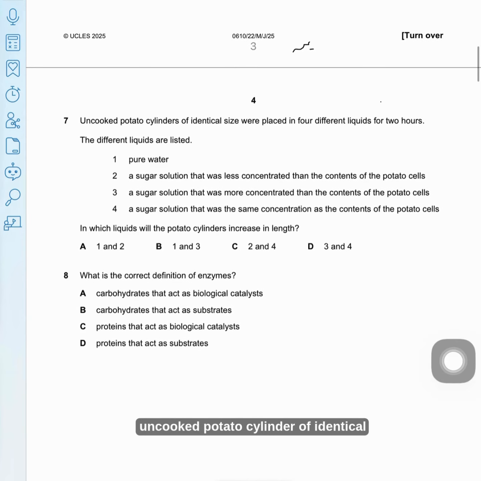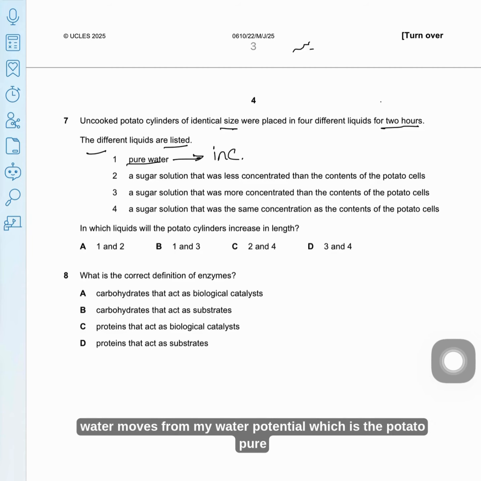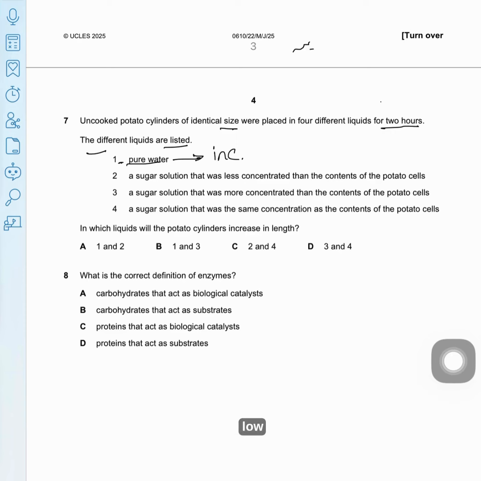Next, uncooked potato cylinders of identical size were placed in four different liquids for 2 hours. The different liquids are listed. Pure water: when I have pure water, what happens? The size of the potato will increase as the water moves from high water potential, which is the pure water, to the potato, which has low water potential. Sugar solution that was less concentrated than the content of the potato: what does less concentrated mean?